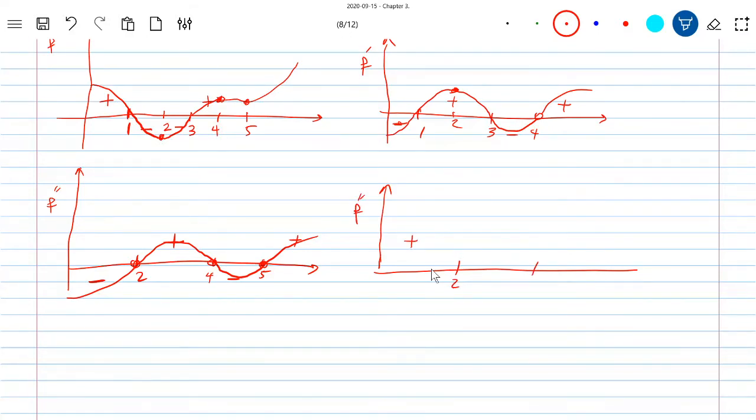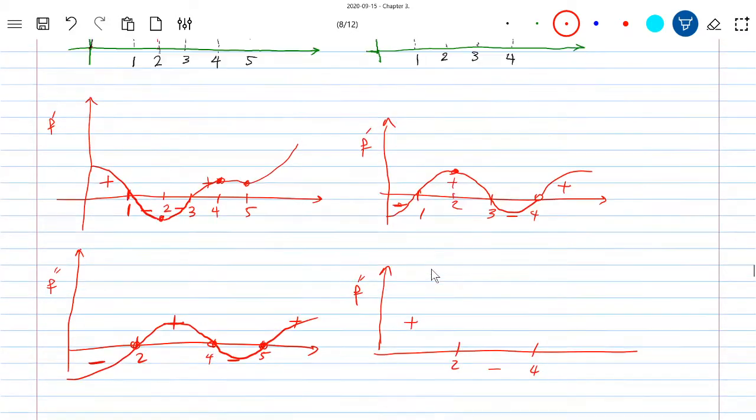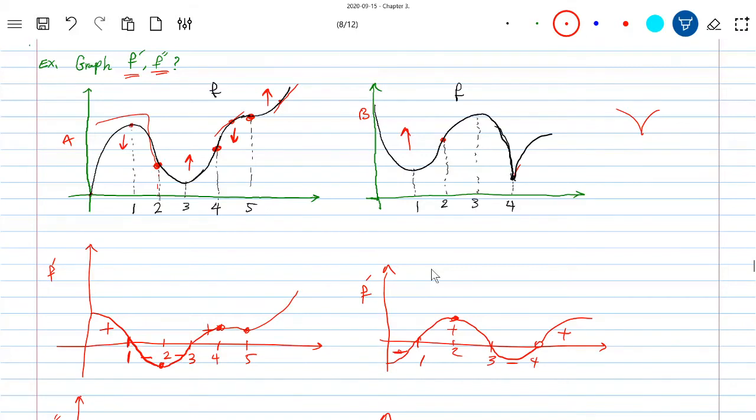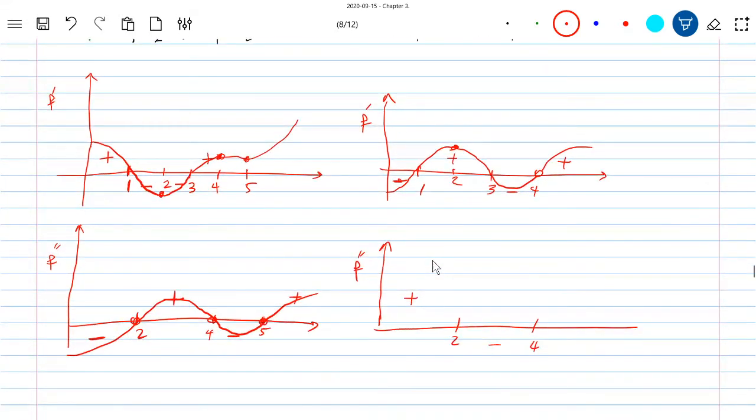And from 2 to 4, the second derivative is negative since it is concave down. After 4, the graph is still concave down, so the second derivative is still negative. So you have a positive turning into negative, and it stays negative.